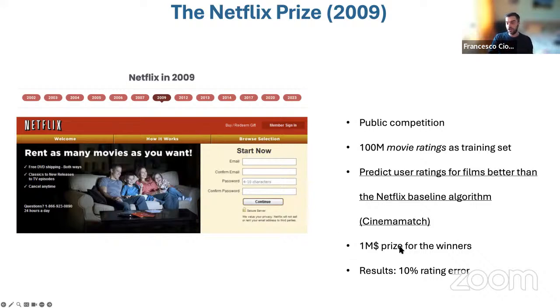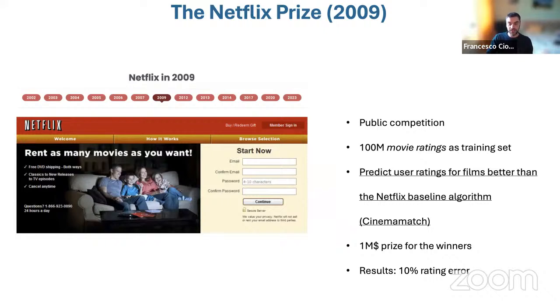And there was a $1 million prize for the winners if they could predict user ratings better than the Netflix baseline algorithm. They had spent time and investment in building Cinematch, which could predict the rating of movies given a certain user. If they could do 10% better than Cinematch, they could earn the $1 million prize.